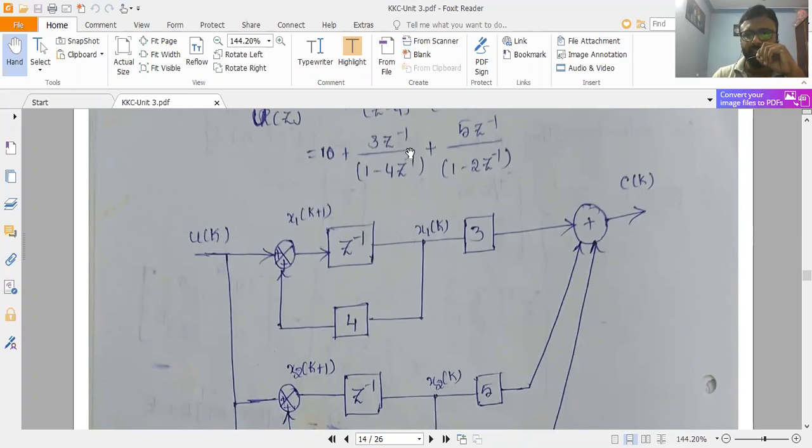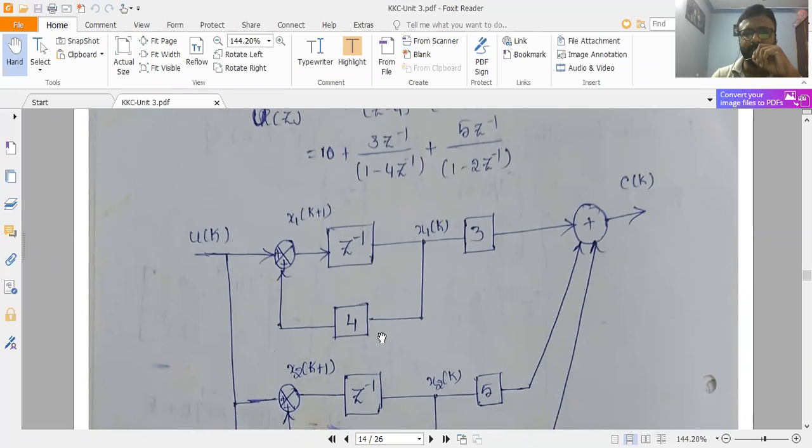So 3 into z inverse divided by 1 minus 4 into z inverse. 3 is taken separately, and the remaining part, that is z inverse divided by 1 minus 4 into z inverse, is represented like this. This is the G term, and this is the H term. Connecting these, we get G divided by 1 minus G into H. Let us consider G as z inverse, and H as 4.